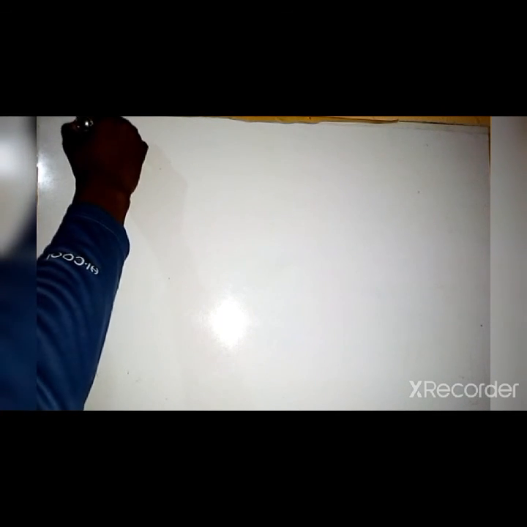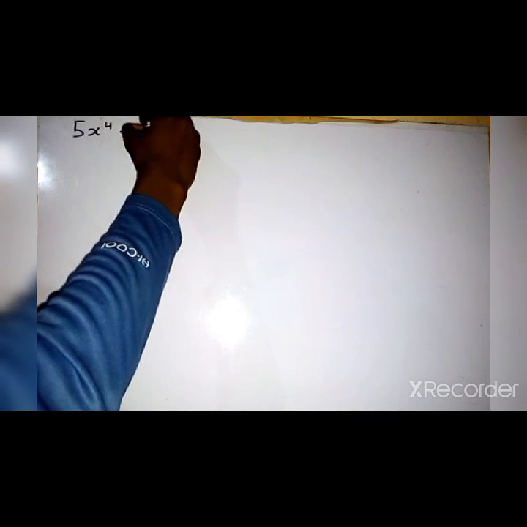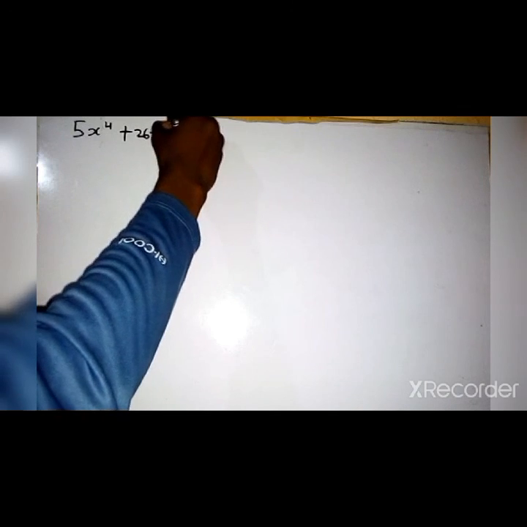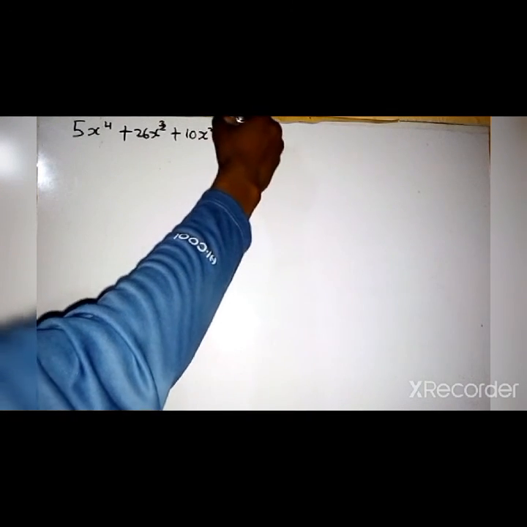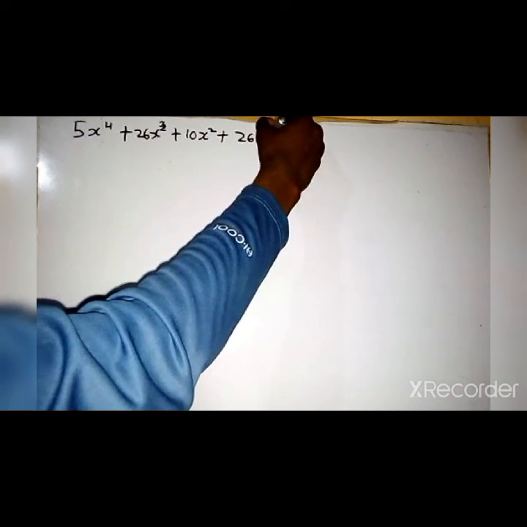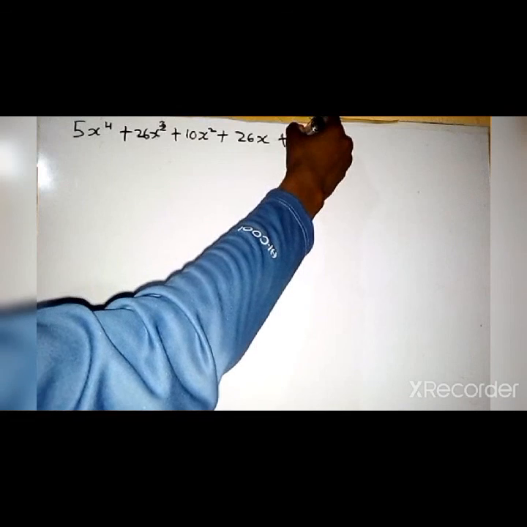So now that we've gotten another equation, that is 5x^4 plus 26x^3 plus 10x^2 plus 26x plus 5 equals 0.